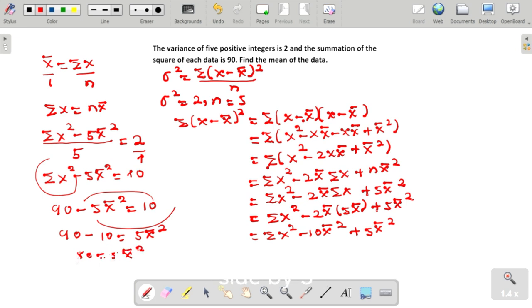All we need to do is divide both sides by 5. So here we have x bar square equals 80 divided by 5, that gives us 16. Now x bar square is the same thing as 4 square, so x bar, which is the mean, is equal to 4.